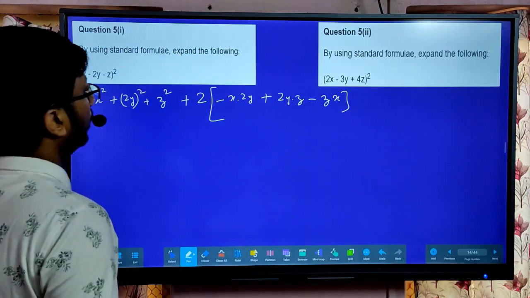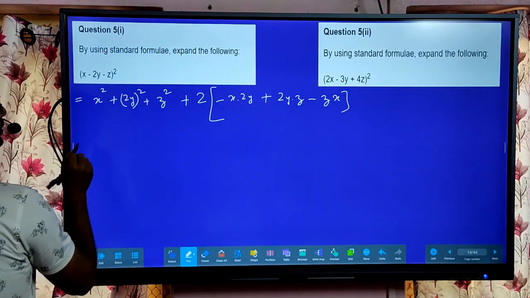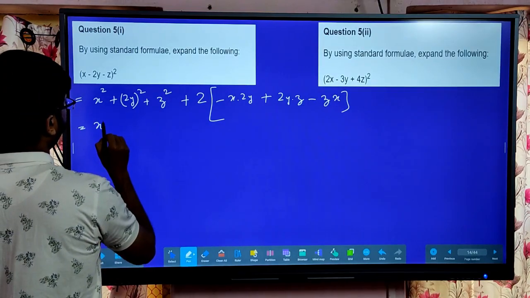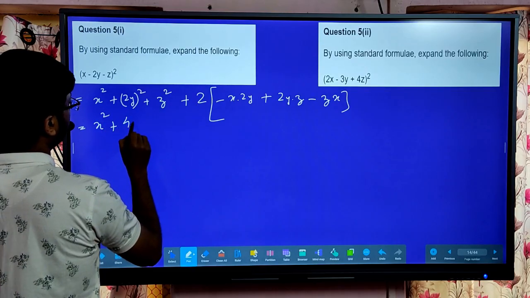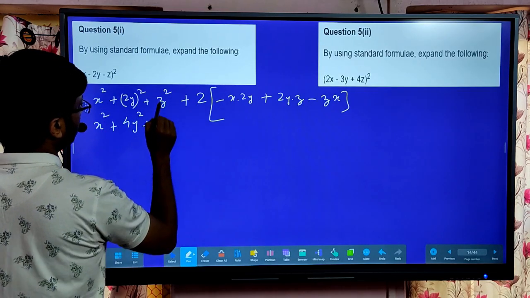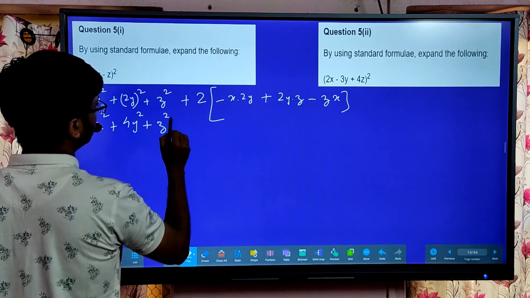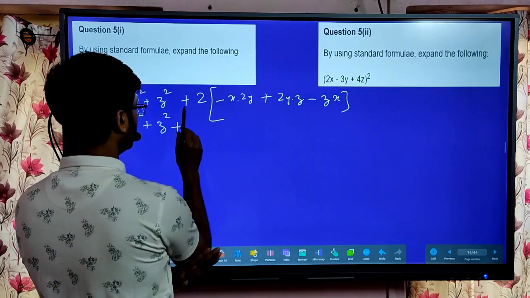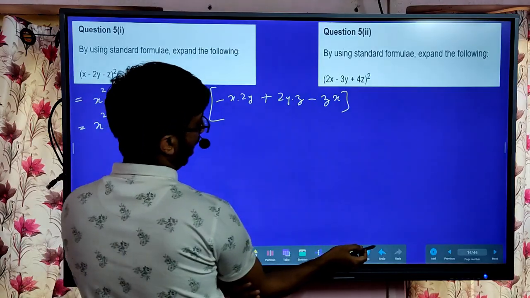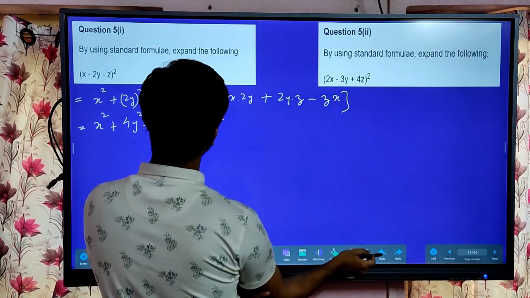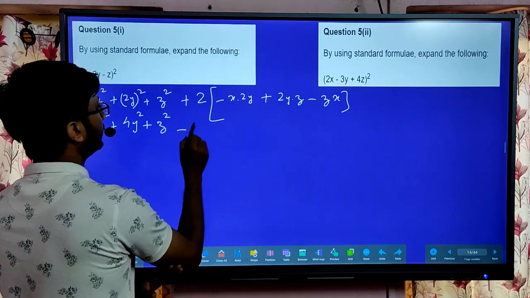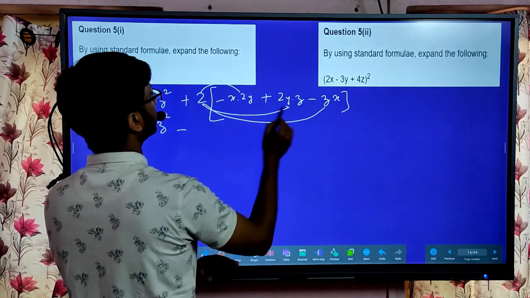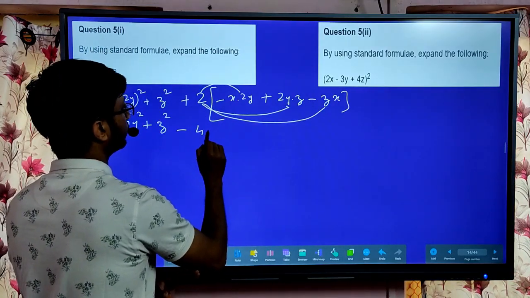Chalo. So let us simplify. It will be x square plus 4y square plus z square plus, this will be minus, so plus into minus, it will be minus. 2 twos are multiplied, so it will be 4xy.